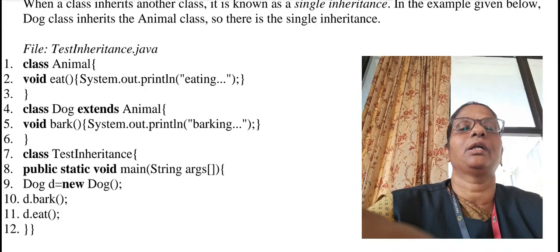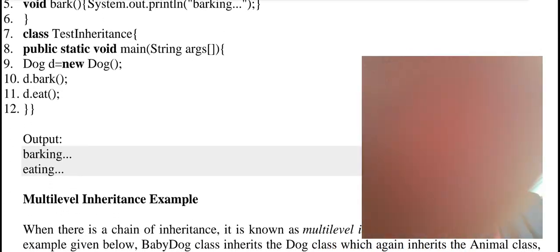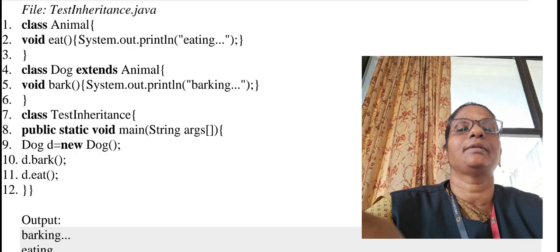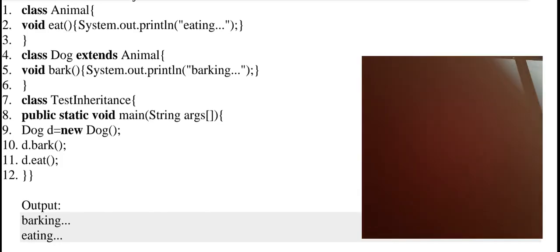Based on the object we call the methods and find the output. Here Animal is the base class, Dog is the derived class, and the methods we call are bark and eat. These habits we declare as methods. Finally we get the output of those methods.